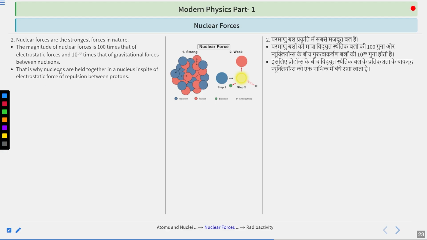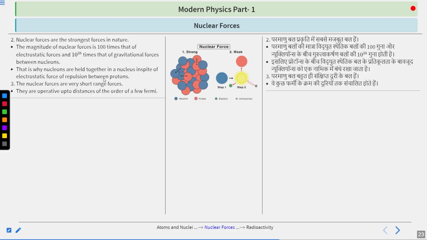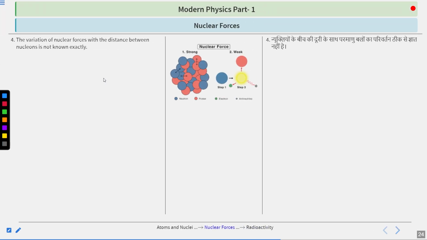That is why the nucleons are held together in the nucleus in spite of the electrostatic force of repulsion between the protons. The nuclear forces are very short range forces. They are operative up to a distance of the order of a few Fermi only. The variation of nuclear forces with the distance between the nucleons is not known exactly.